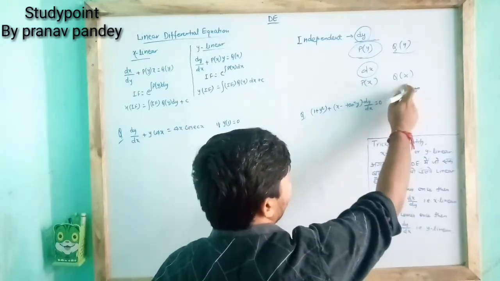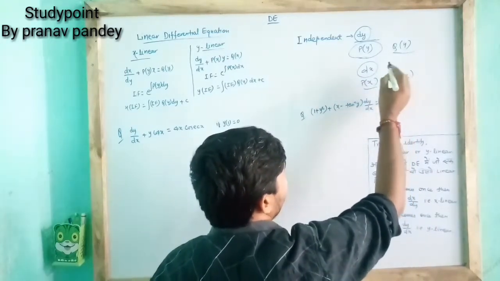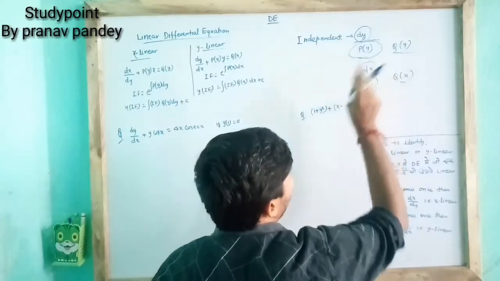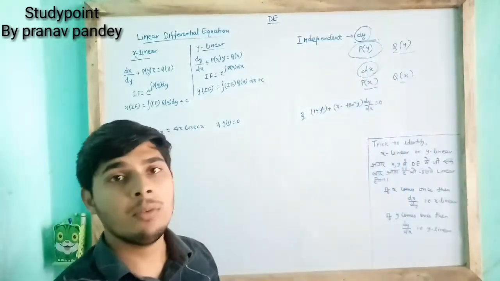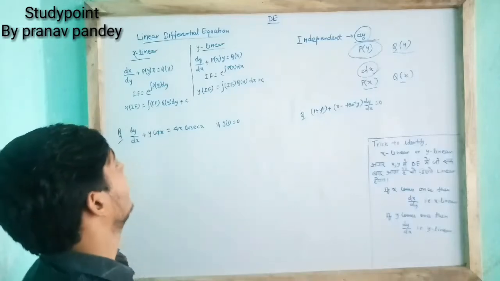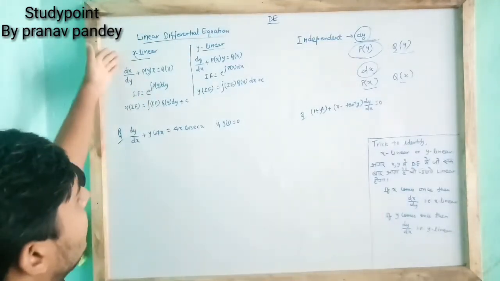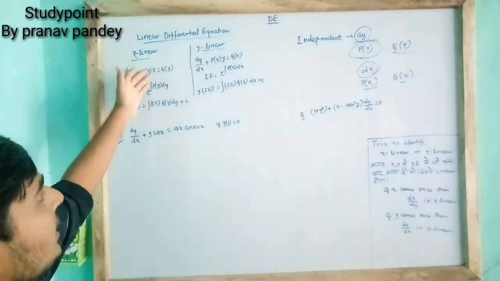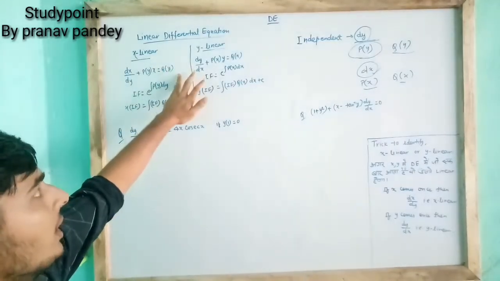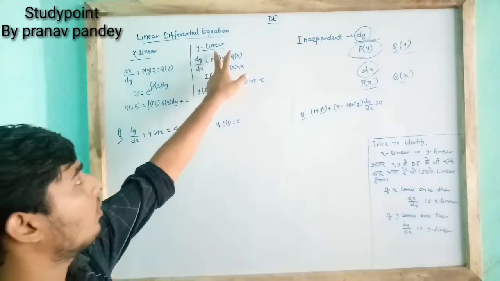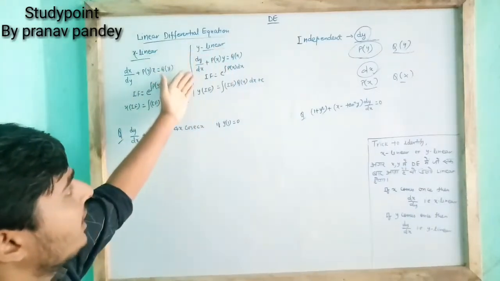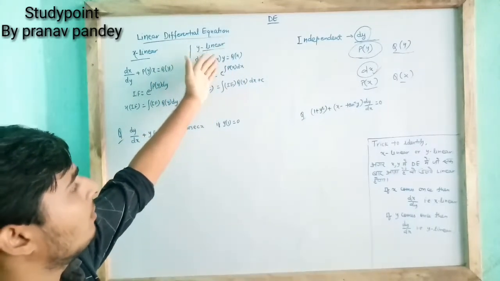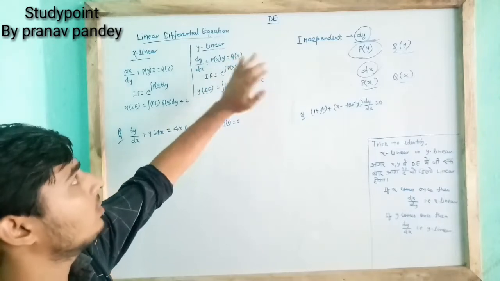Means p and q must be functions of the independent variable, not of the dependent variable here. So the form of x linear is dx upon dy plus p of y into x is equal to q of y. Similarly, for y linear, it is dy by dx plus p of x into y is equal to q of x.